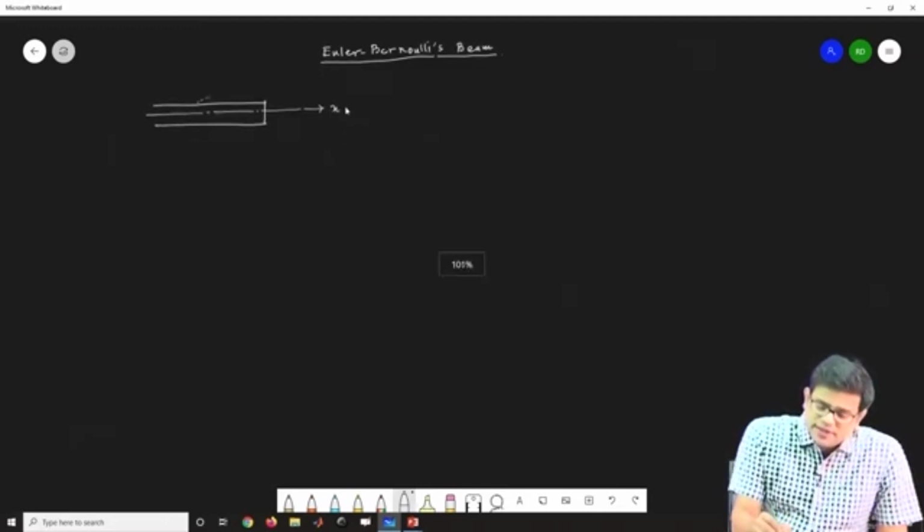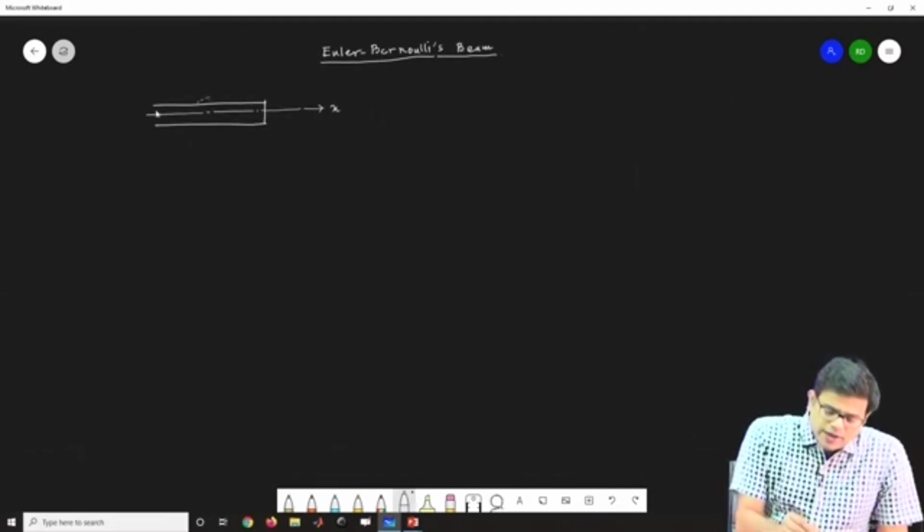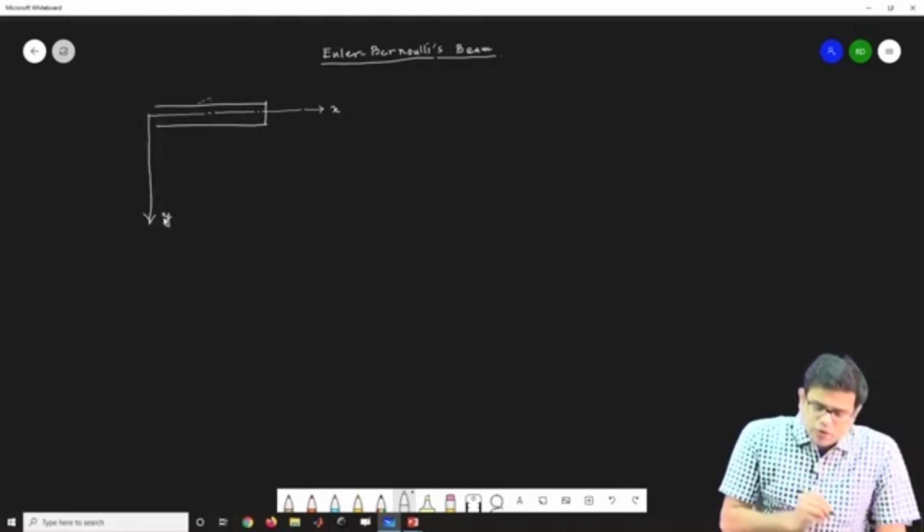This is the x axis, and let us assume that the y axis is downwards.